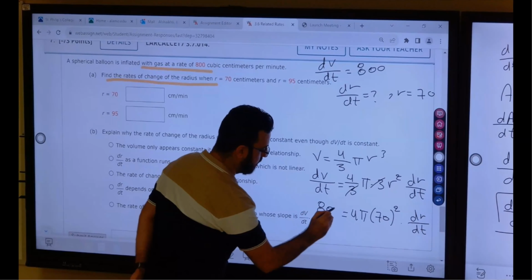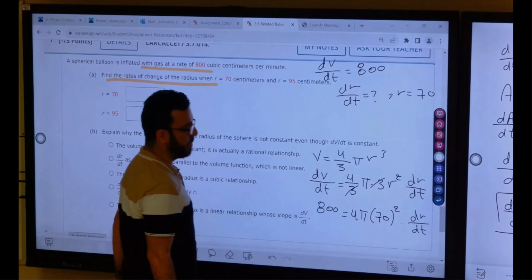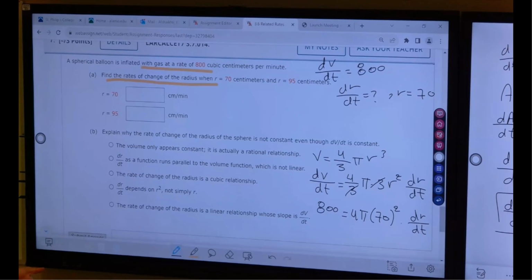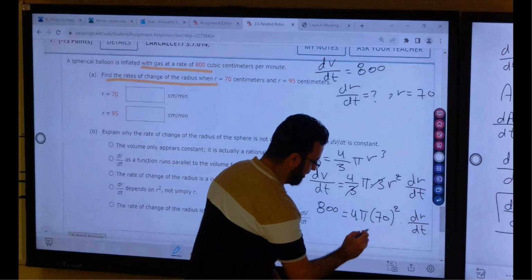800. 70 squared, how much is that going to be? 4900? Yes. Times 4.